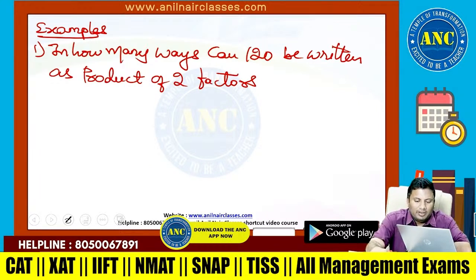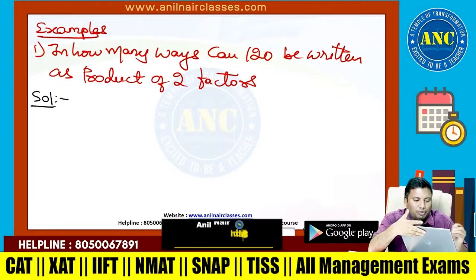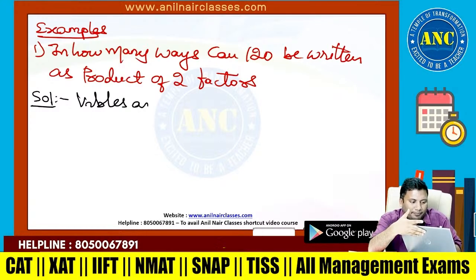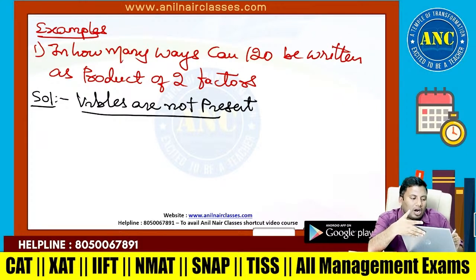In how many ways can 120 be written as a product of 2 factors? Variables are not present in the question. If variables are not present in the question, it is an unordered pair.